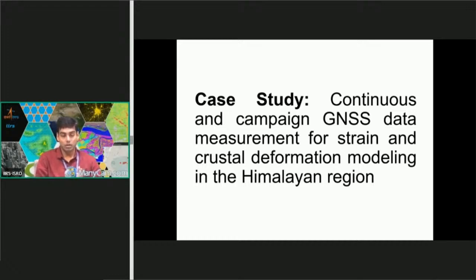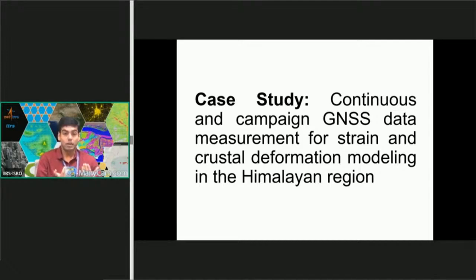I will discuss how this GAMIT GLOBK software and these parameters have been utilized to remove the error from the continuous and campaign GNSS data measurements to achieve millimeter to sub-millimeter accuracy to derive the strain and crustal deformation modeling, because in the Himalaya the rate of movement is very slow.